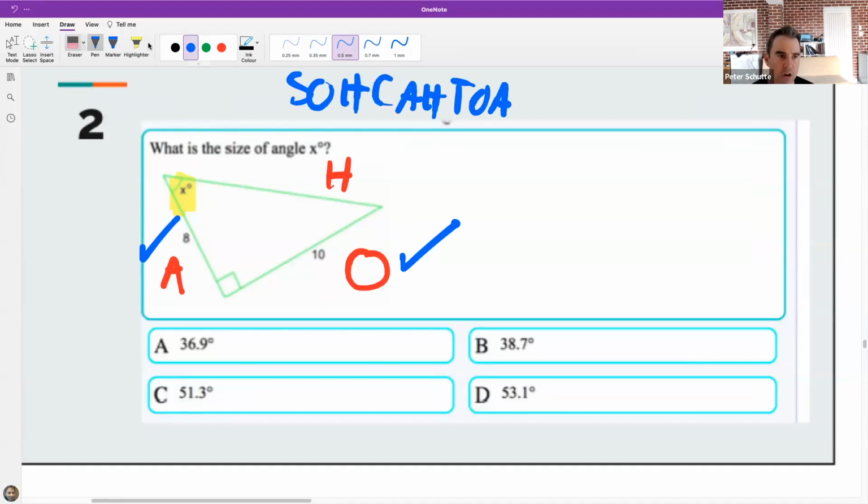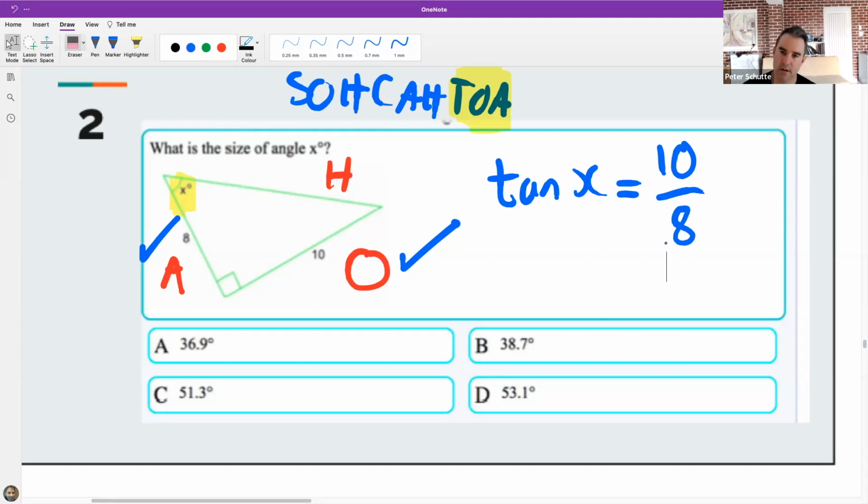Where's O over A? It feels like it's this part here. So now what I'm going to do, I'm going to write the tan of X is equal to 10 over 8. Now that's not the answer, but it's getting me closer to the answer. What is the final answer going to be?